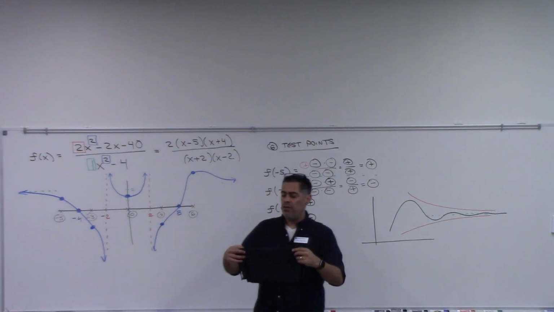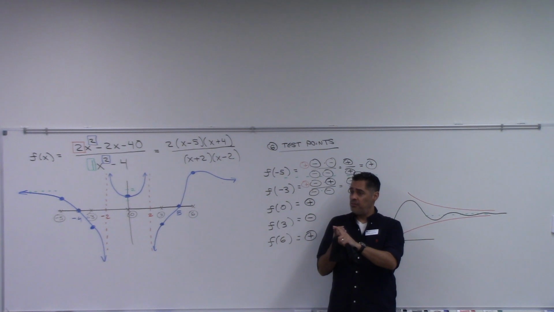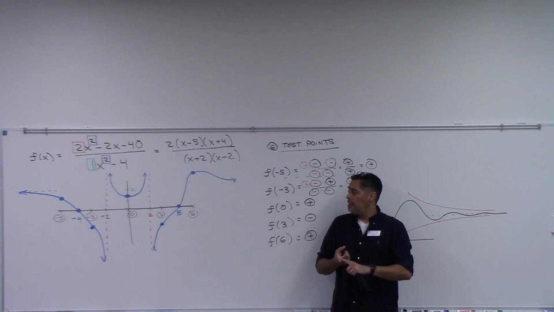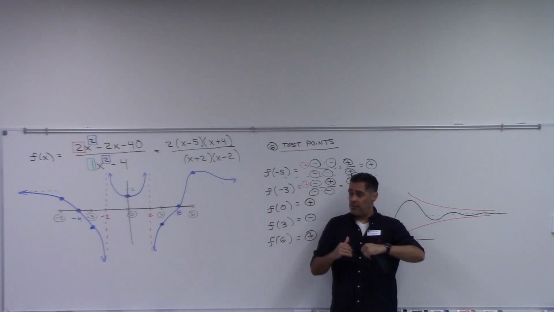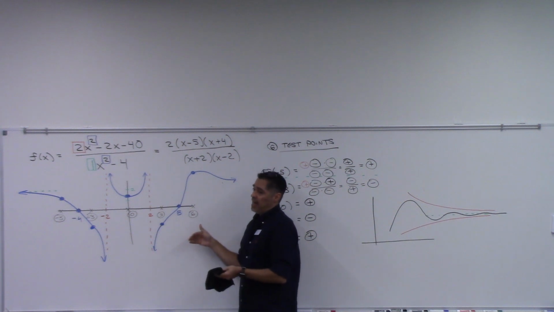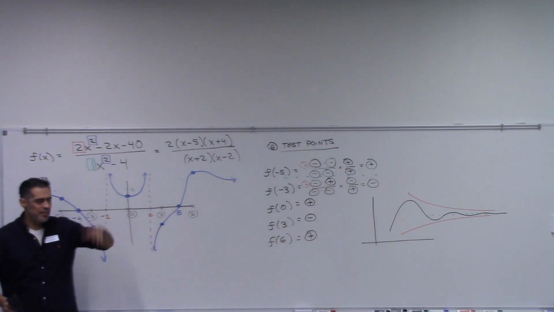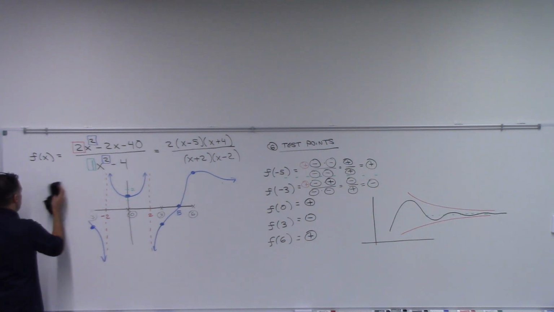We're more concerned about where the graph hits the x-axis, where the x-intercepts are, where the graph has vertical asymptotes, where the graph is above and below the x-axis, and then the end behavior. That's it. We don't care about highest points, lowest points, any of that.